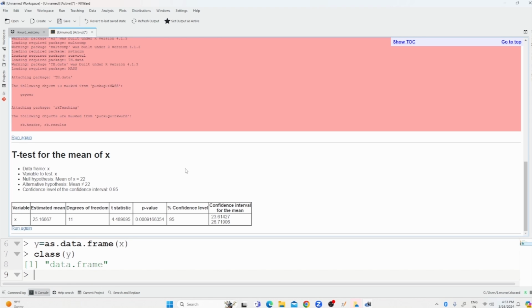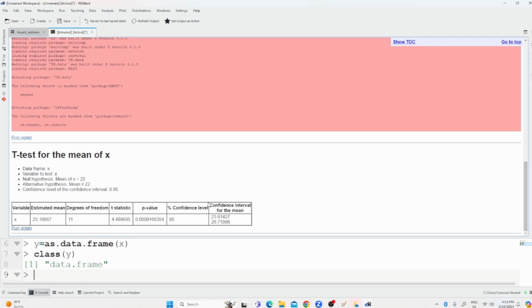Hence, we have to reject H naught. What is H naught? H naught is that the mean is equal to 22 in this case, because please see here, we have written null hypothesis mean is equal to 22. Now the mean is not 22. Simple. You can also see that 22 is not coming in the confidence interval.